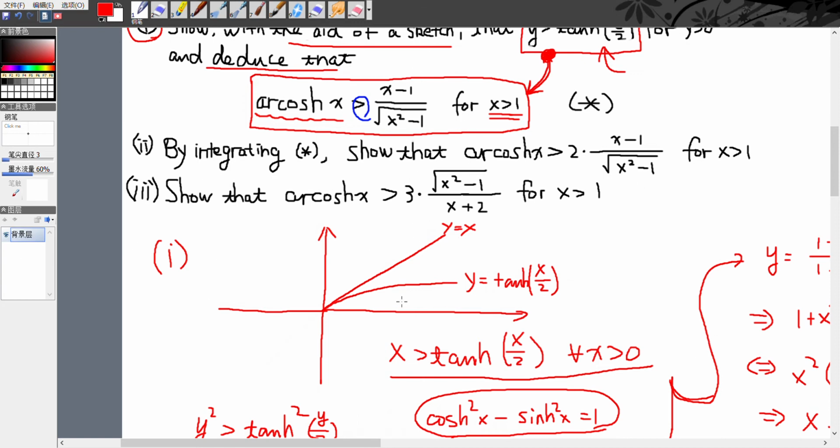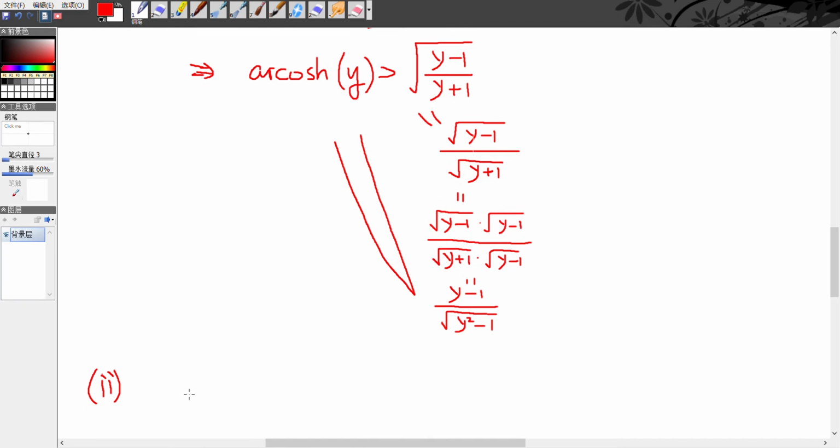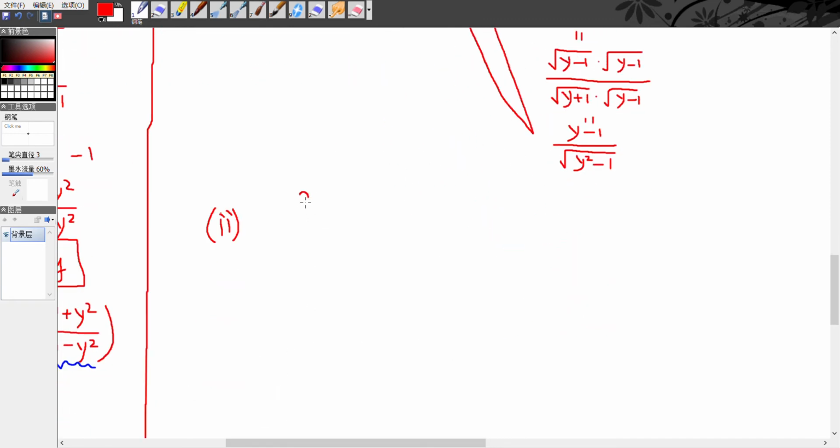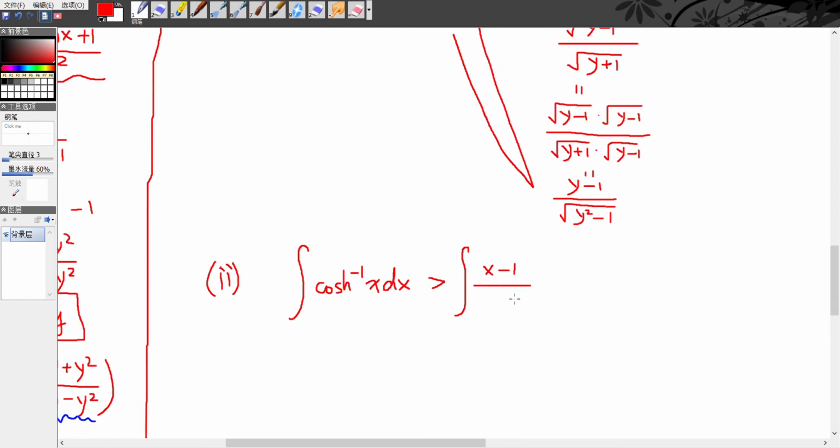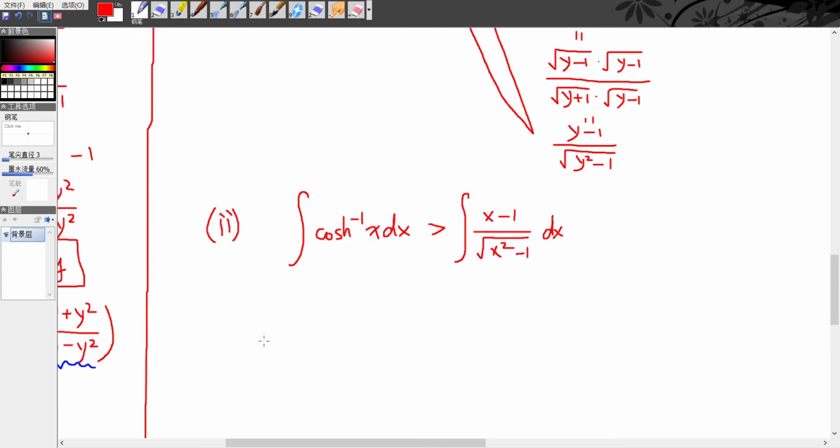Where's my mouse? Okay. So the integral of arccosh x dx is bigger than the integral of (x minus 1) over the square root of (x squared minus 1) dx. And so we firstly integrate our left hand side. For our left hand side, we can just set u equals arccosh x.